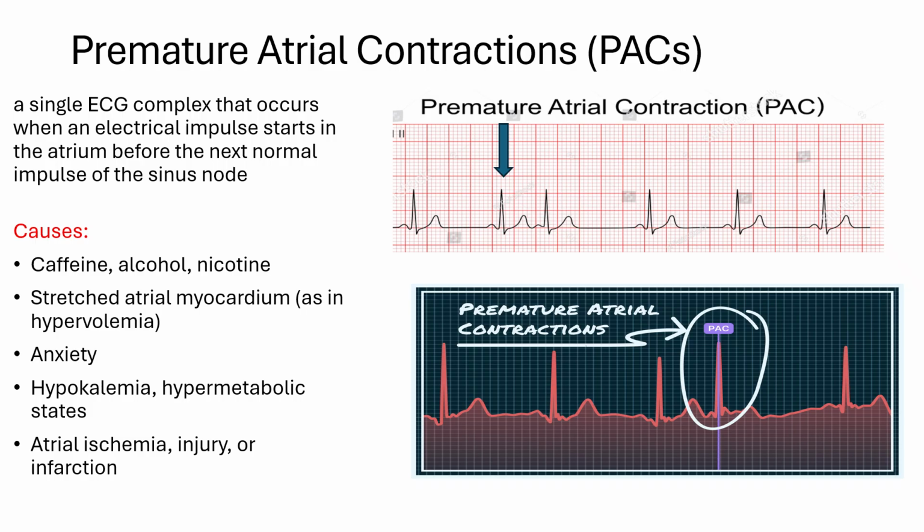And let's look at this EKG here. When we're looking for a PAC, we just need to first try to find that underlying rhythm. Let's look at what's going on with this EKG. If we look, all of our QRSs march out. We have a P wave before every QRS. Our PR interval is normal. Our QRS is less than 0.12.